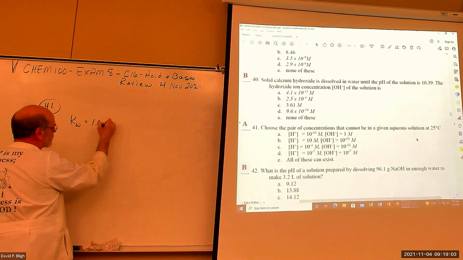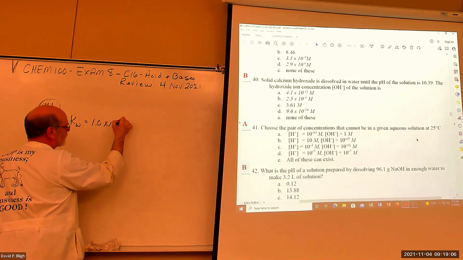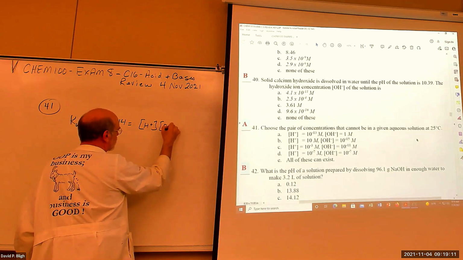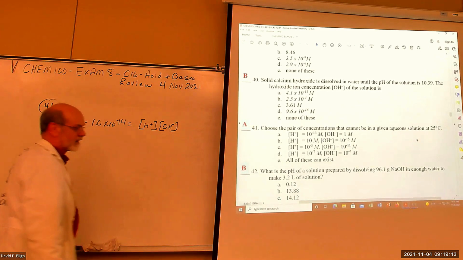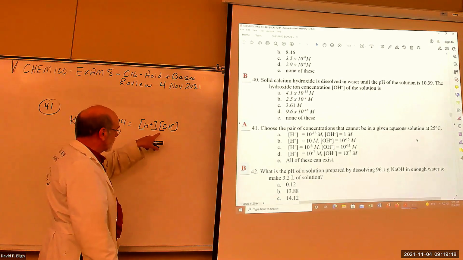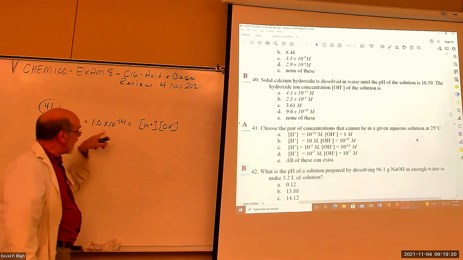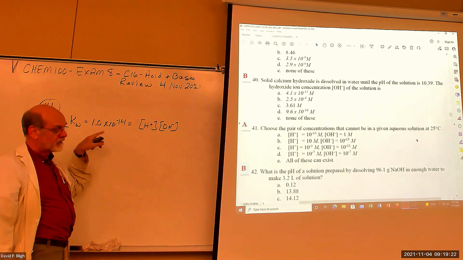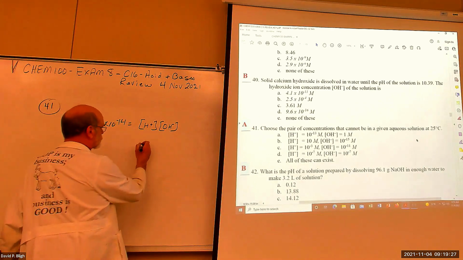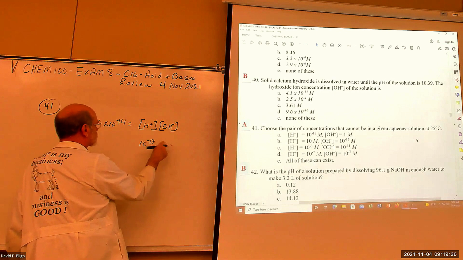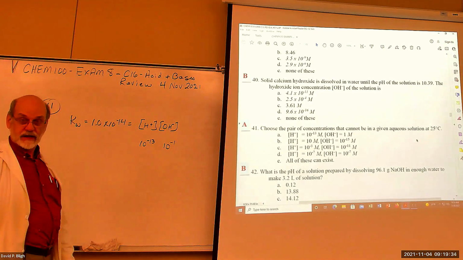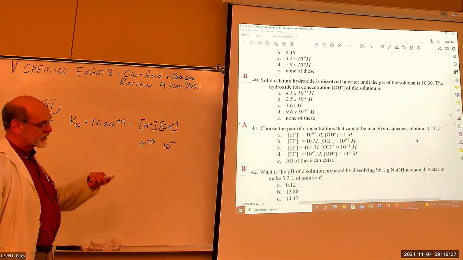Kw equals 1 times 10 to the minus 14, and that's equal to the hydrogen ion concentration times the hydroxyl ion concentration. That's always there. So whatever these happen to be, when you multiply them, they have to equal that number. That's what we're getting at here. So if this one is 10 to the minus 13, what does this one have to be? 10 to the minus 1. Right? Has to be. So that one is false.